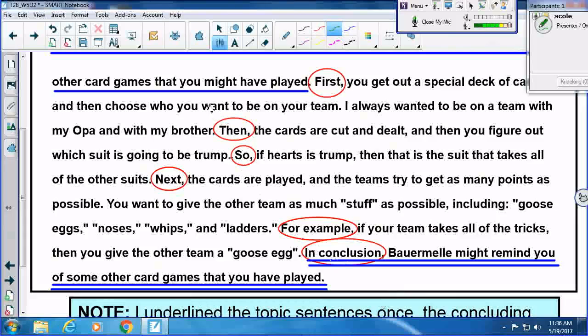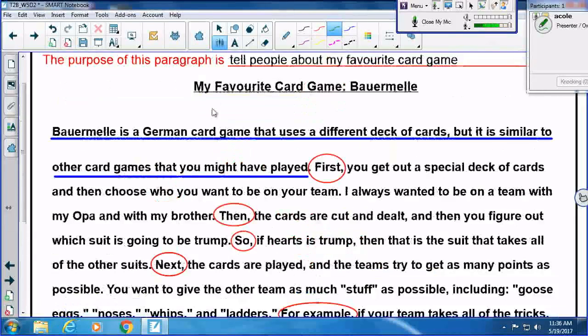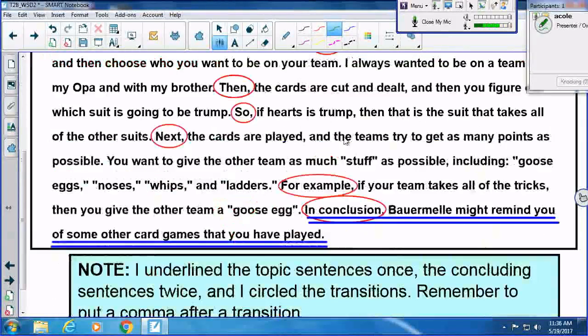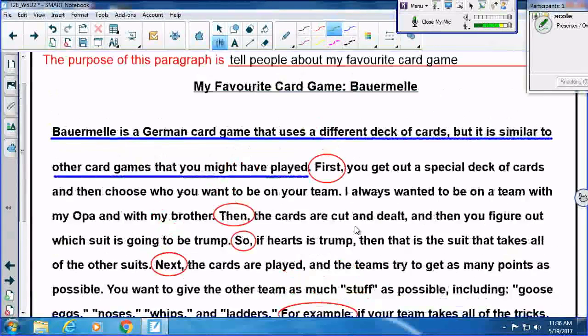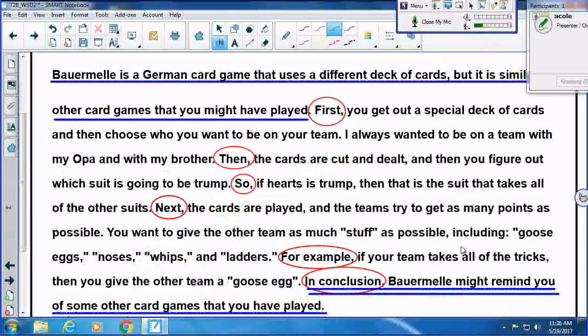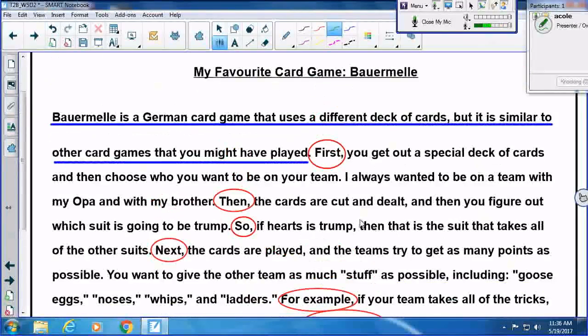All right, so you can see here that I have a pretty long topic sentence and a pretty long concluding sentence, and that's okay. I wanted to give you some different examples, right? As long as your topic sentence is clear and your concluding sentence is clear and they relate to that same main idea, then you've done a good job.